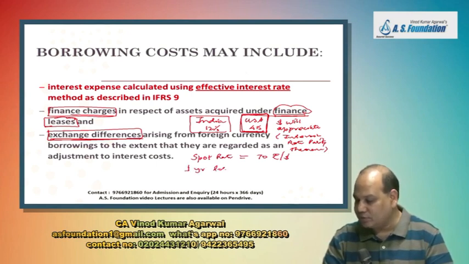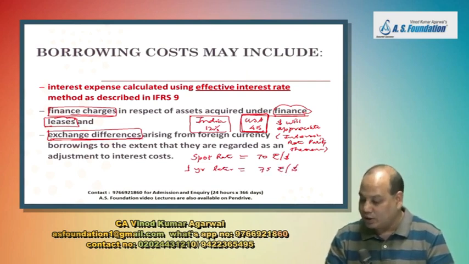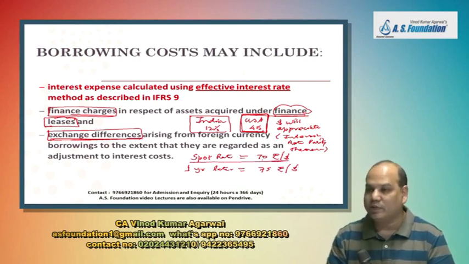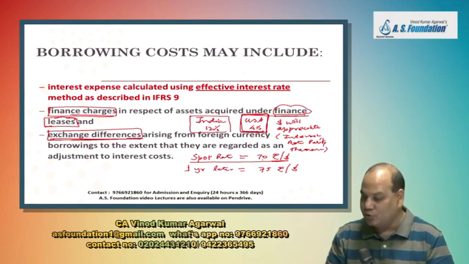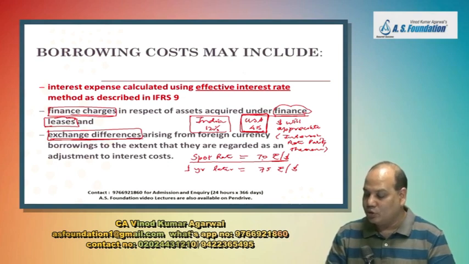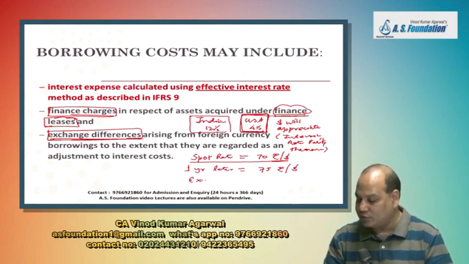One year later, it may become 75 rupees per dollar. At the time of borrowing, you get 70 rupees per dollar, but at the time of repayment, you will pay 75 rupees per dollar. So therefore, there is an exchange loss.